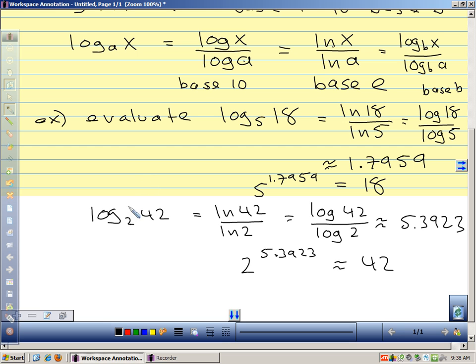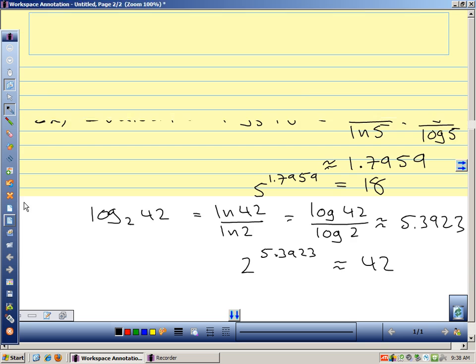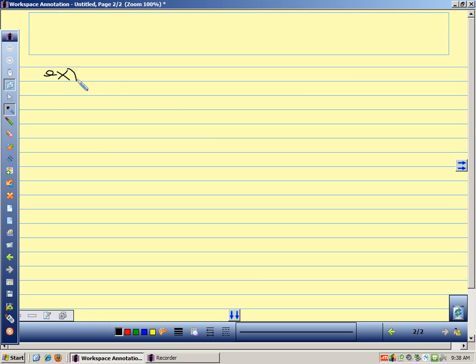Let's do a couple more of these real quick, just so we are sure how our change of base formula works, and then we'll talk about some more properties of logarithms. So another example, we want to evaluate log base 7 of 4.